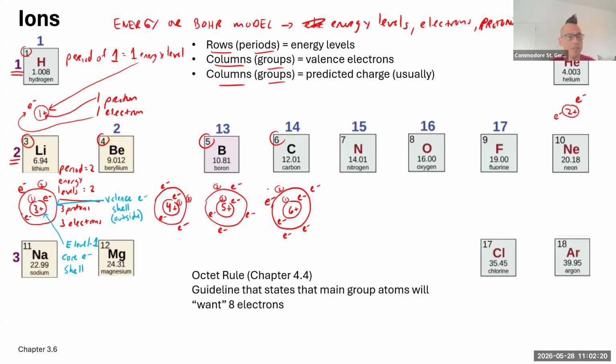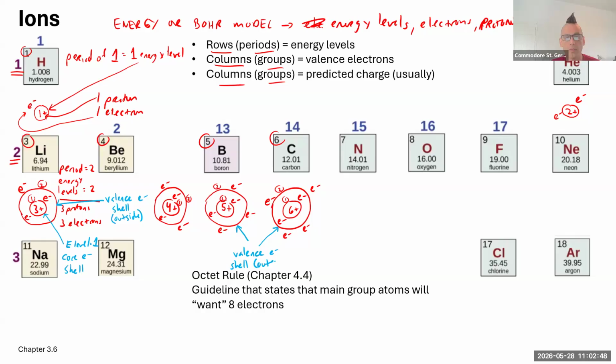So again, these are energy levels. They're not actually where the electrons are. This is just representing the levels of energy that these electrons are sitting at. And again, I'm going to do this in blue. These are the core, and this is the valence electron shell.